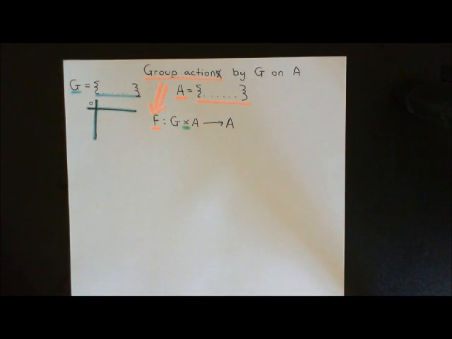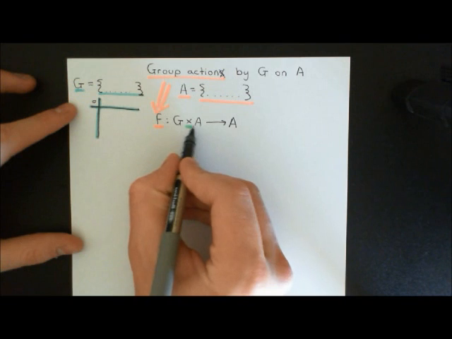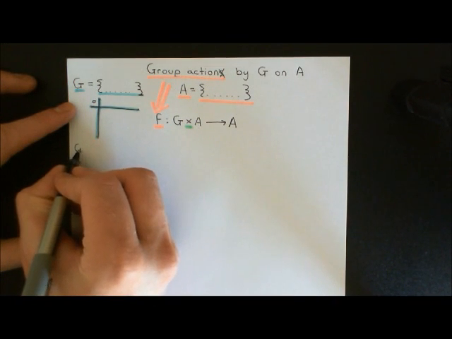Let me first draw out a picture of what the Cartesian product G cross A actually means. Firstly, I'll write out what it means.